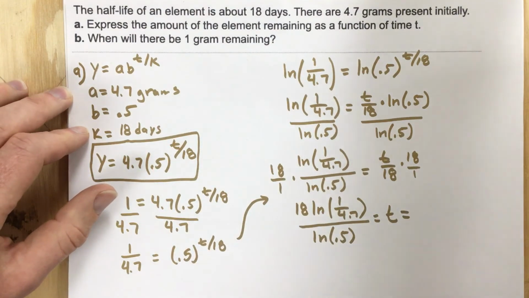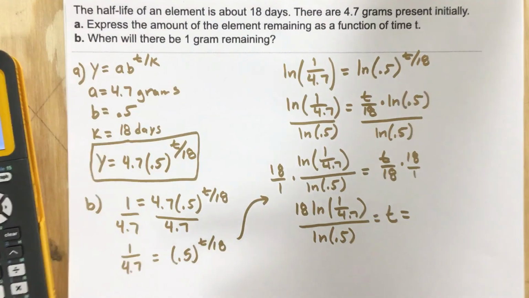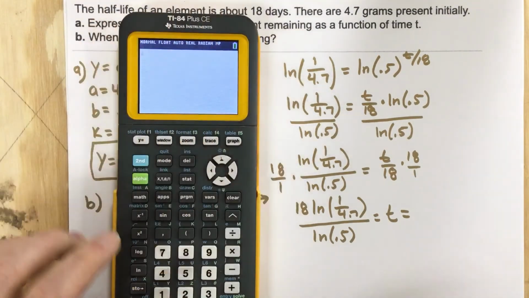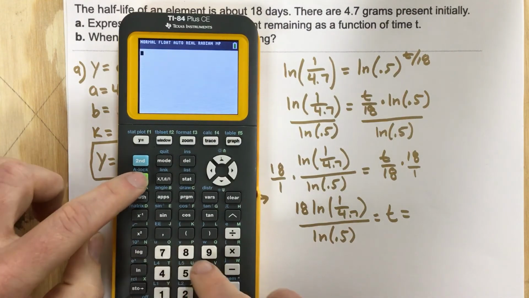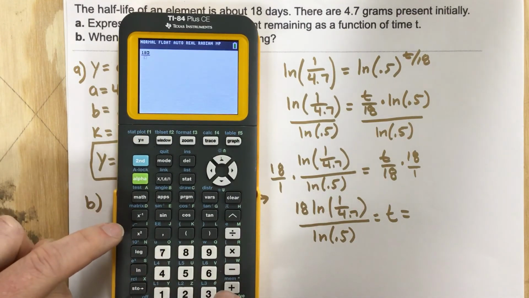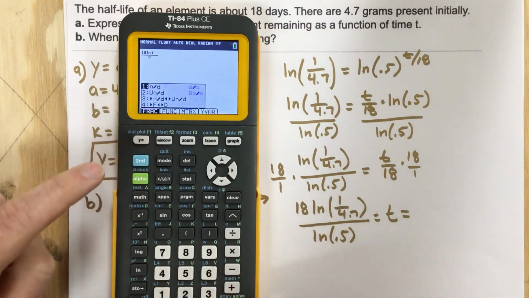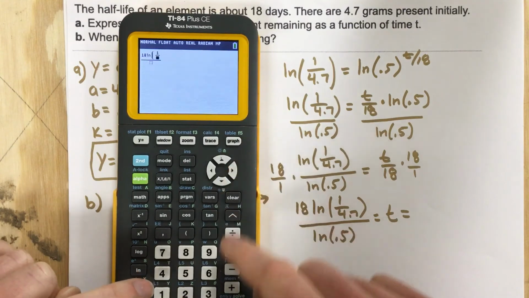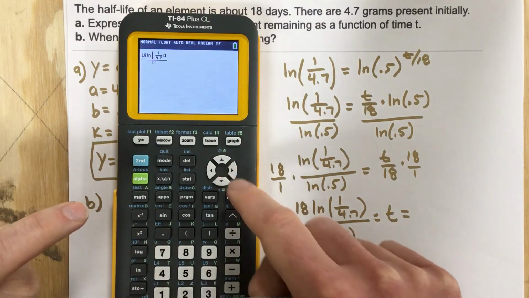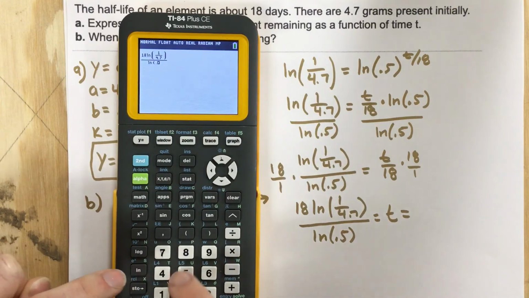Let's plug that in the calculator. So I'll get 18 natural log, and then inside here we'll make another fraction, 1 over 4.7, all over natural log 0.5.